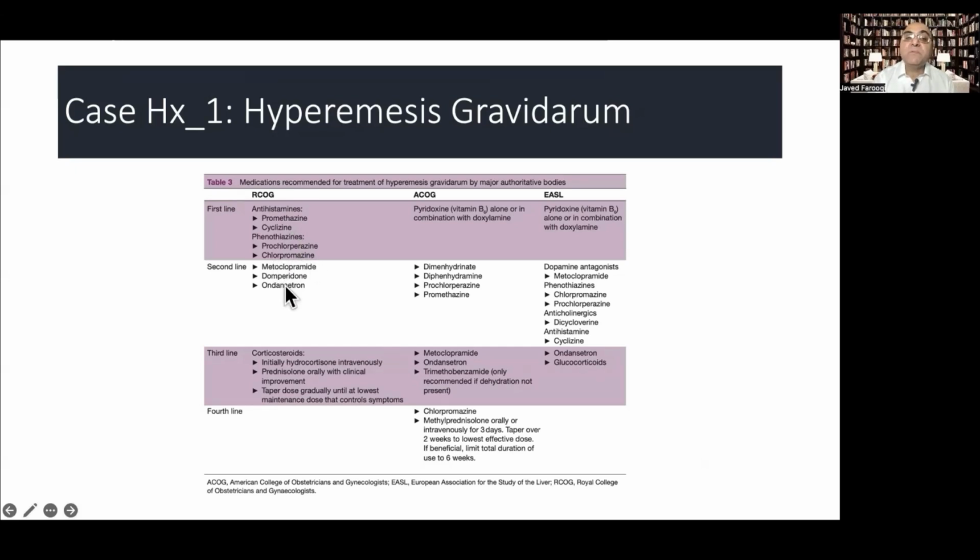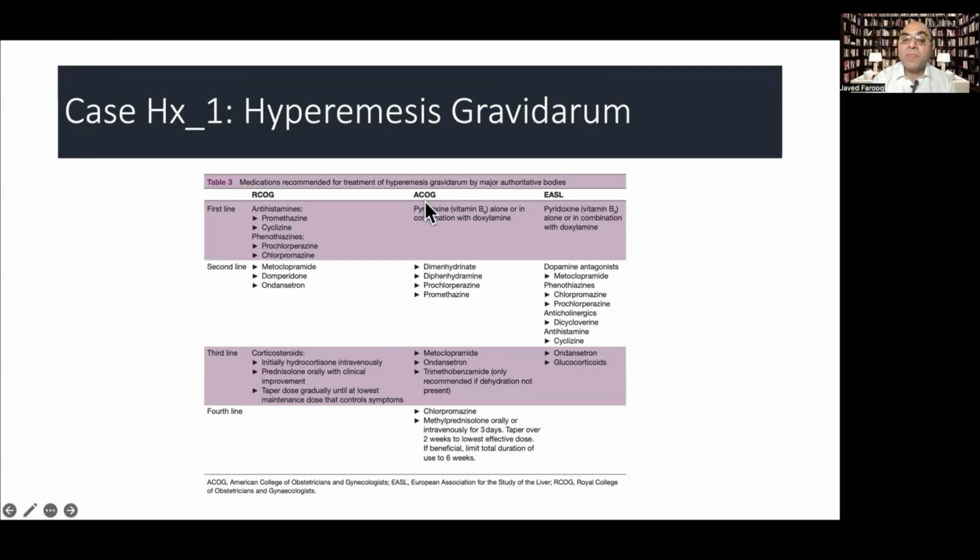When these fail, then metoclopramide, domperidone, and ondansetron are used. When these fail, then corticosteroids have been tried, initially hydrocortisone IV, then prednisolone orally with clinical improvement, and then you taper the dose gradually until the lowest maintenance dose that controls the symptoms.